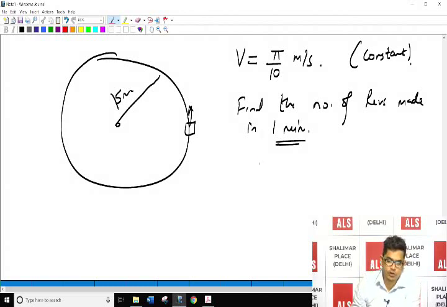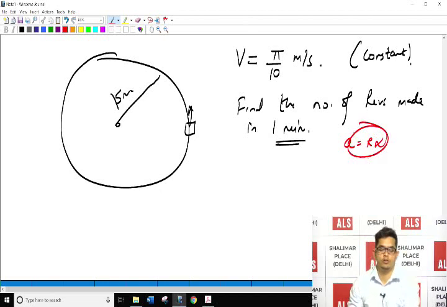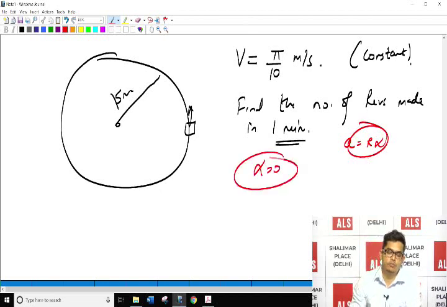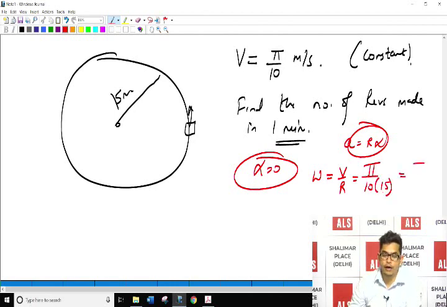If velocity is constant, then acceleration is constant, and the relation is a equals r into alpha. So if a is 0, then alpha is 0. What is omega? Omega is v by r, which is pi by 10 into 15, so pi by 150.